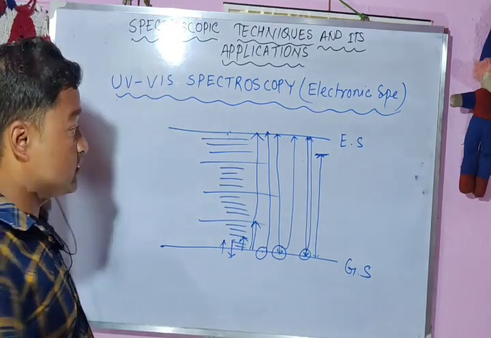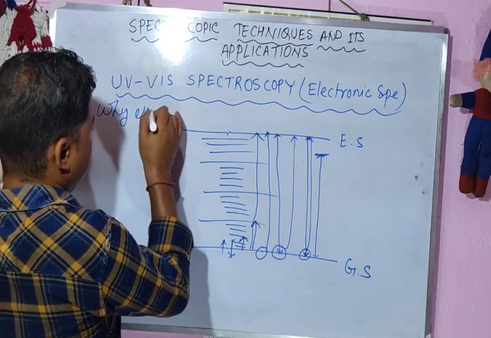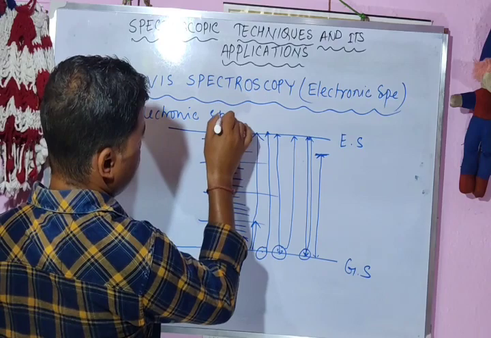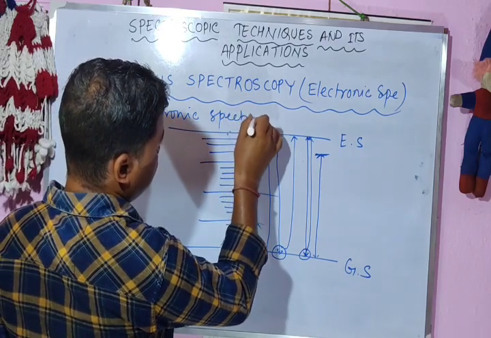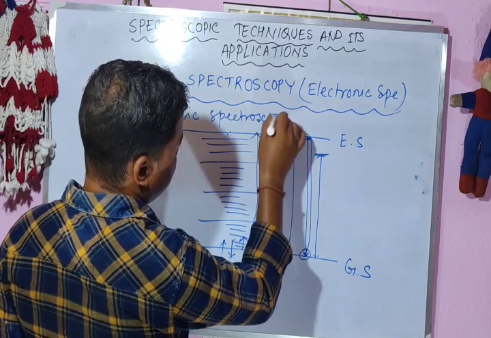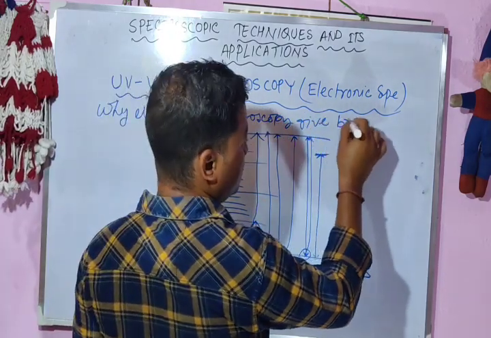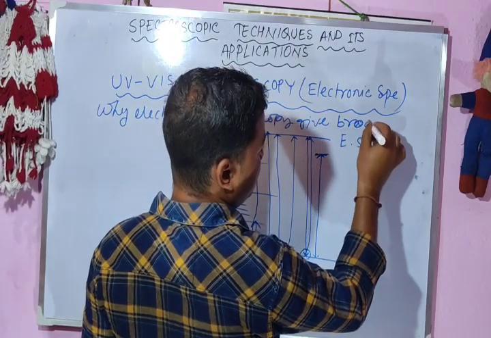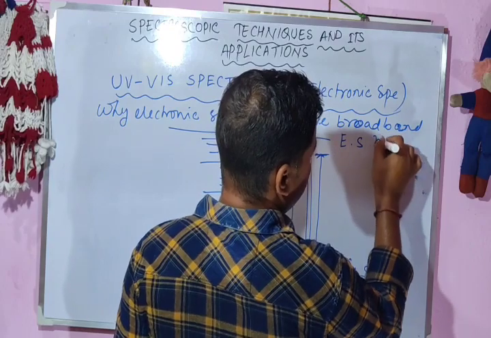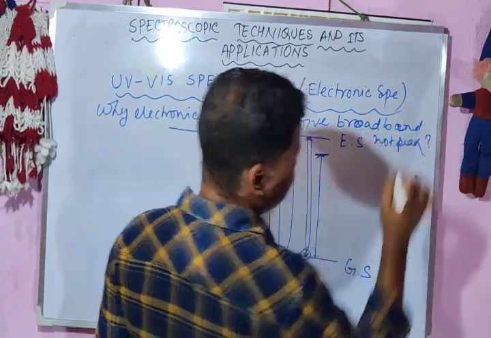Okay. Here one question comes: why does electronic spectroscopy give a broadband, not a peak?